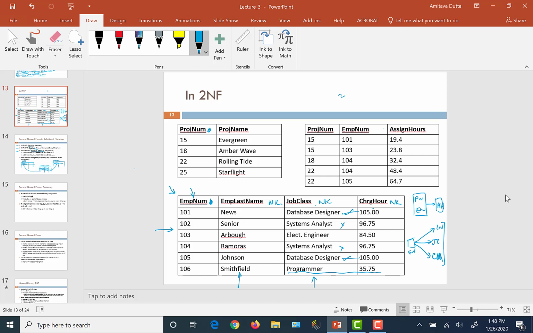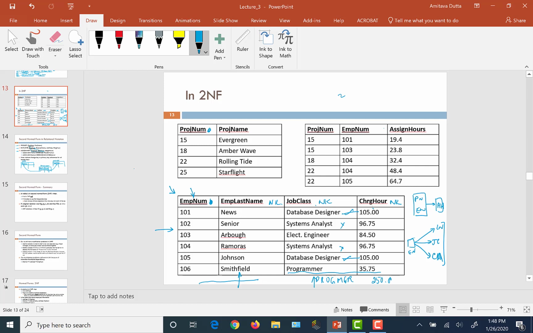I just want to record that information, but I cannot. I cannot add this information in the database until at least one employee has been hired who is a program manager. So I have an insertion anomaly.